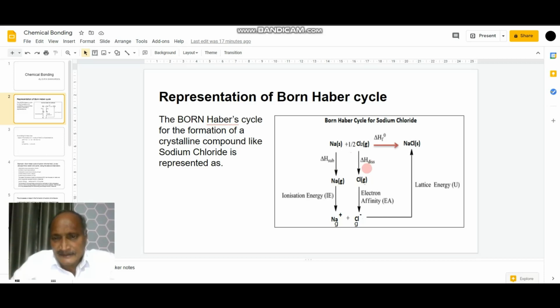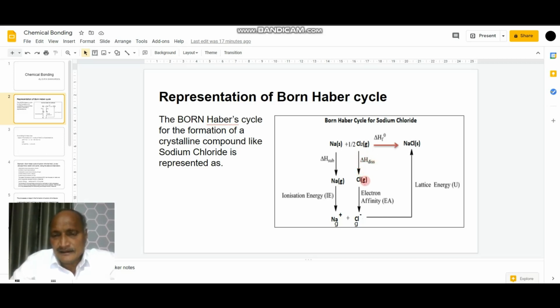So it becomes necessary to dissociate the chlorine molecule, Cl2, which is gaseous, into chlorine atoms. One chlorine molecule on dissociation gives rise to two chlorine atoms, or half a molecule of chlorine, by supplying dissociation energy denoted by capital D.